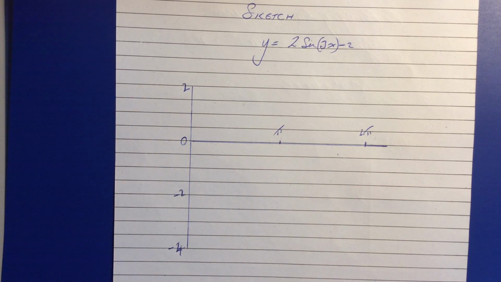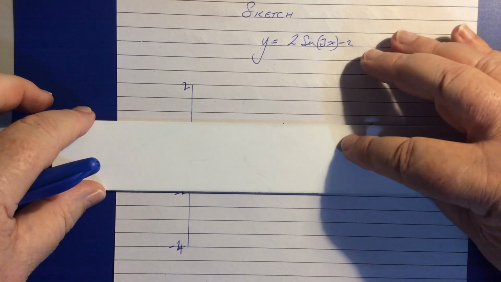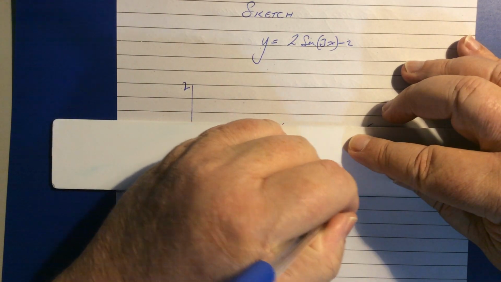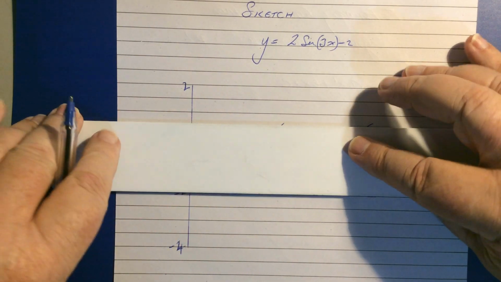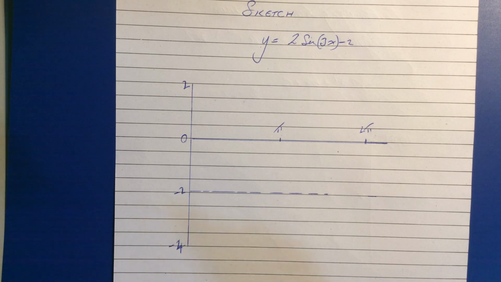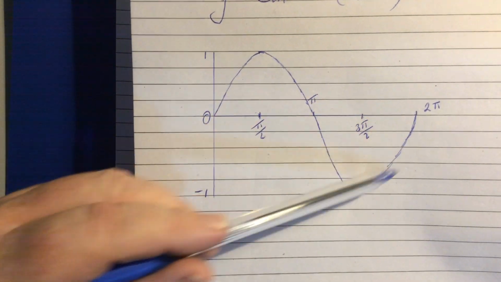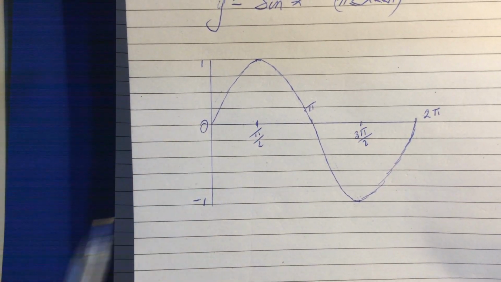That's usually indicated by a dotted line, which I'll draw in now just so that you can see it. So this dotted line will be the new median value of the sine function that we are dealing with. And the median value is simply the middle value of all the values of a sine function. So in this case the median value is 0.